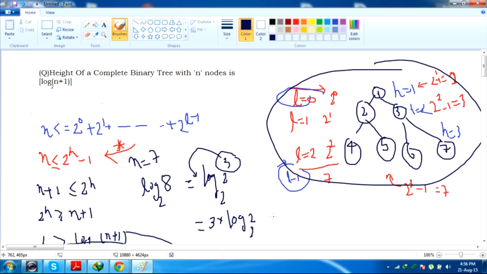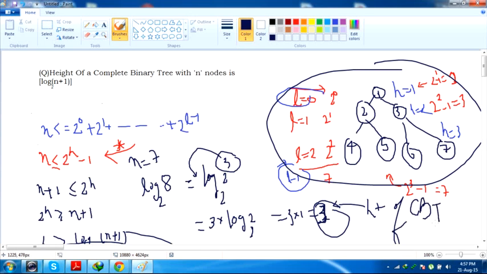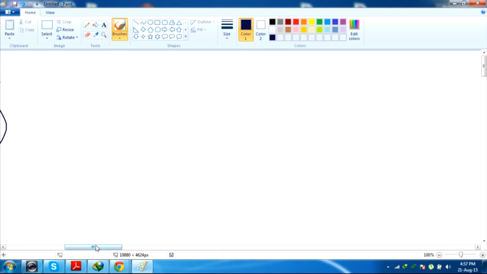So this will give you 3 into 1, that is 3. So it's the height of the complete binary tree, right? So this is the way to prove that.